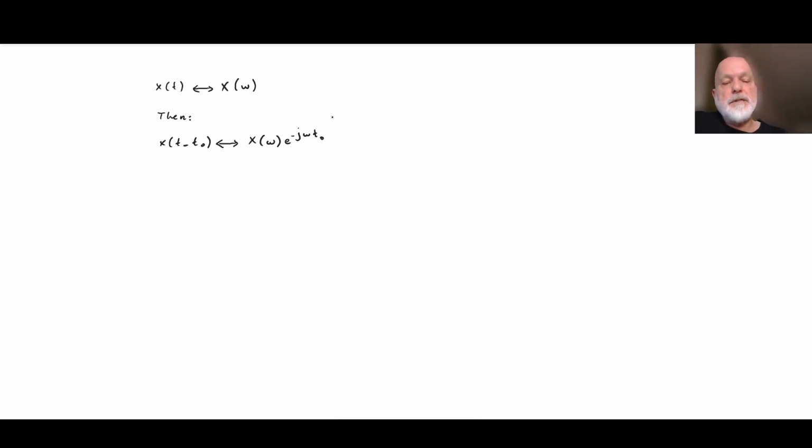Here t0 is a real valued constant. Now, this is the time shift property of the Fourier transform. So let us now prove this result.